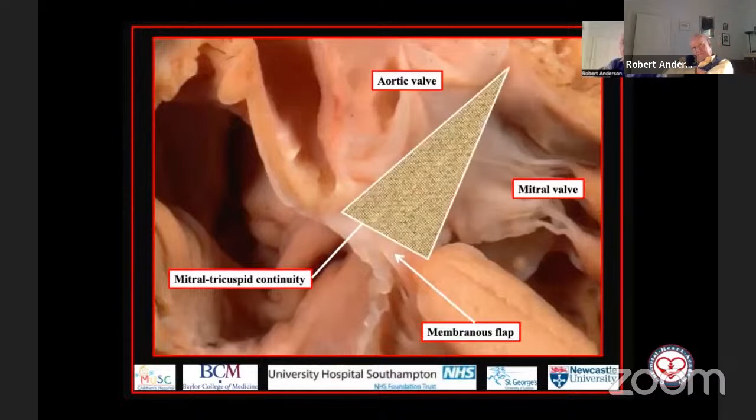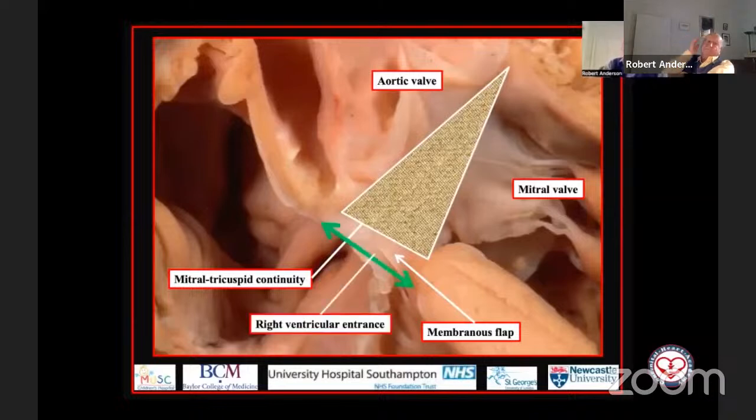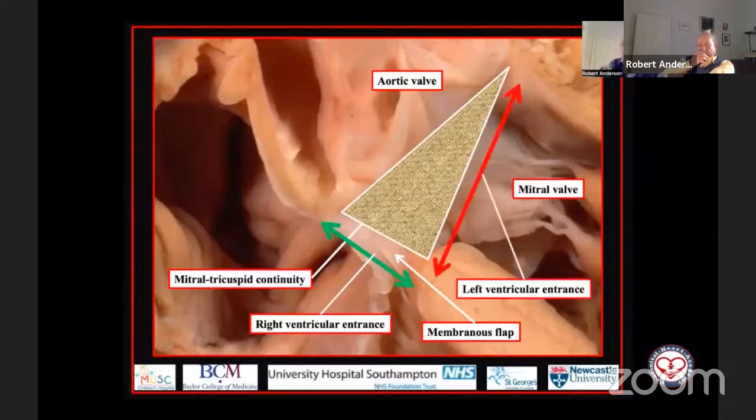So again, we can create this triangle of space beneath the aortic valve, and we can look at its entrances. And now it is the right ventricular entrance that is the tertiary interventricular communication, the aorto-right ventricular communication. And that is what we're going to call the perimembranous ventricular septal defect. Because, of course, the left ventricular entrance has remodeled to become the outflow tract for the morphologically left ventricle.